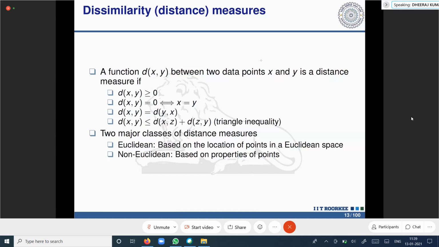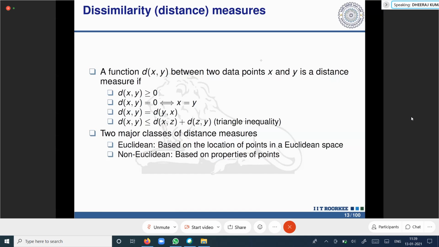So d(x,y) equals 0 implies x equals y and vice versa. Now this distance function is commutative: d(x,y) should be equal to d(y,x), and it should follow the triangle inequality. So these are the properties. Any function which satisfies these properties can be used as a distance measure.